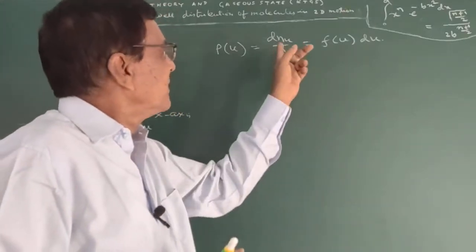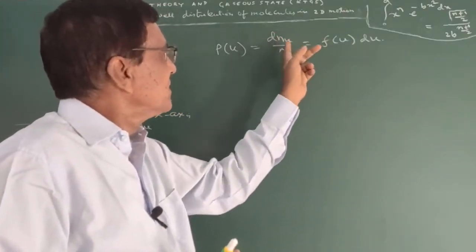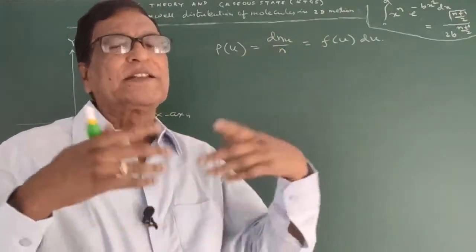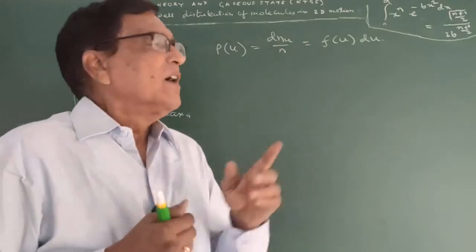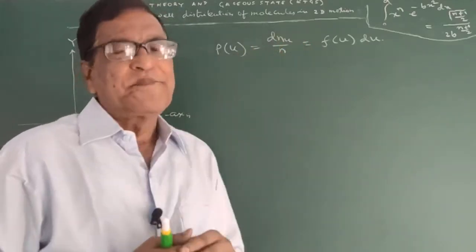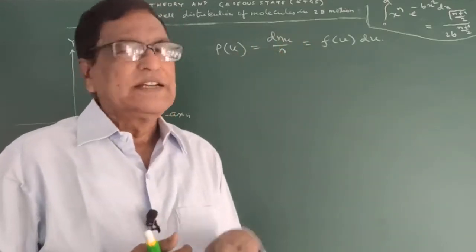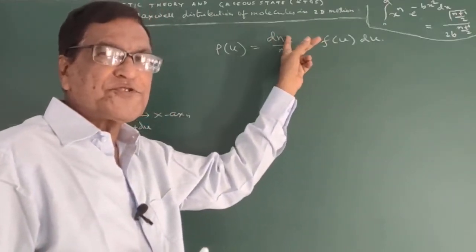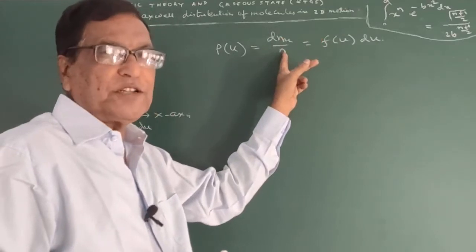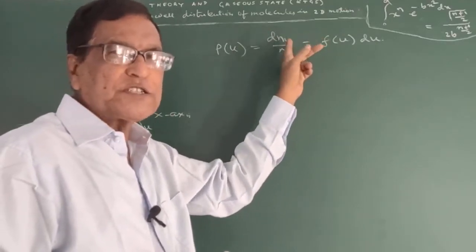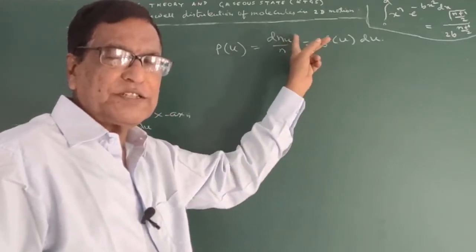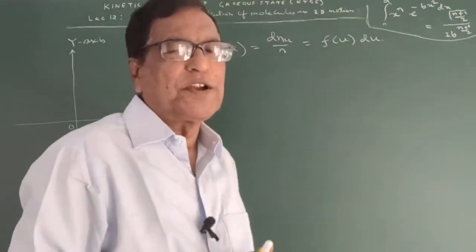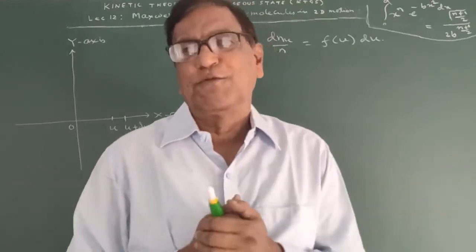When dn_u is divided by N, it gives the fraction of the molecules, or you can say the probability of a molecule. This is the favorable molecules, and this is the total molecules. So favorable molecules divided by total molecules gives the probability of a molecule to have the x component velocity u to u plus du.